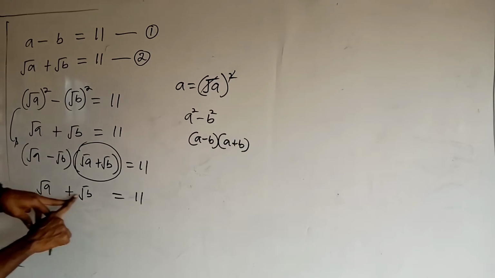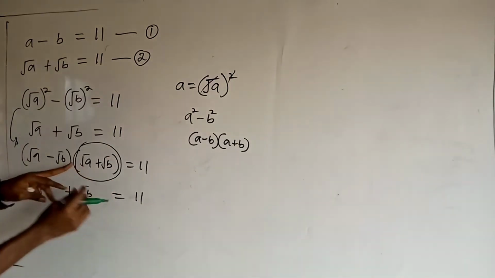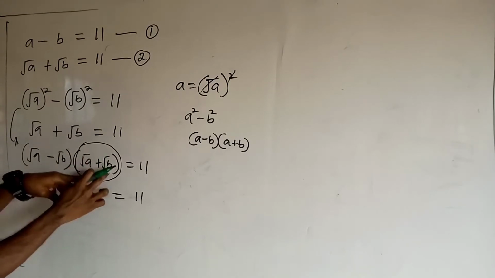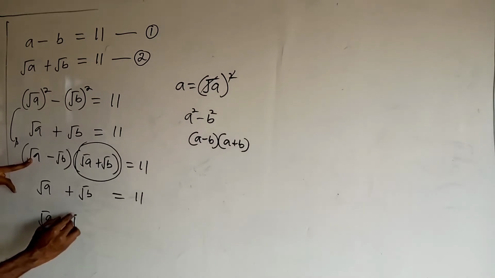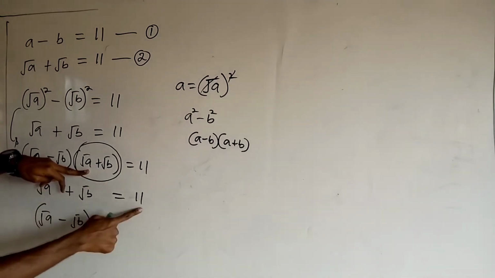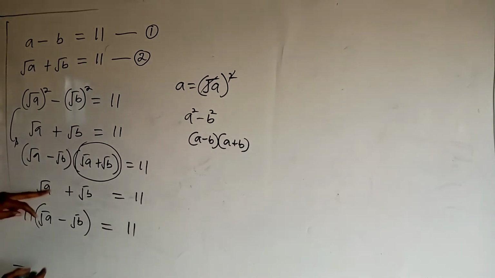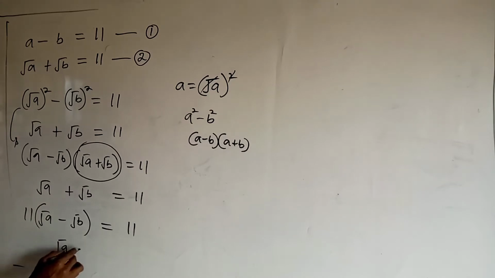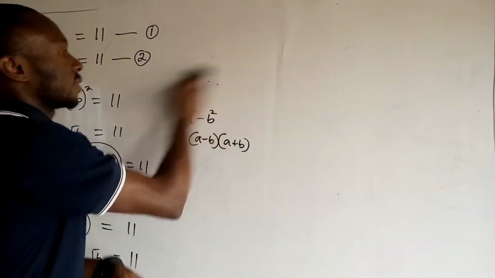So I'm going to rewrite equation 1 as square root of A minus square root of B, times 11, equal to 11. And of course I have square root of A plus square root of B equal to 11.